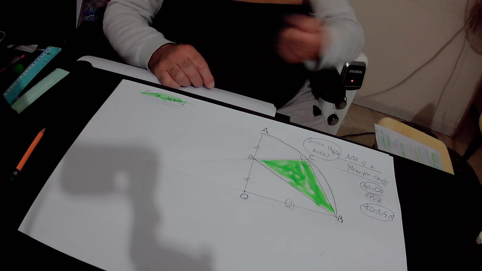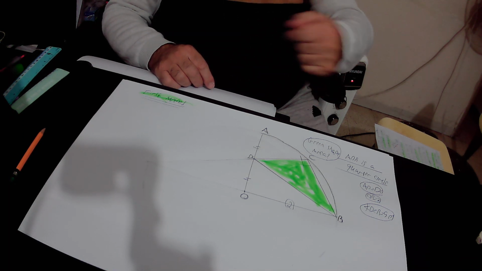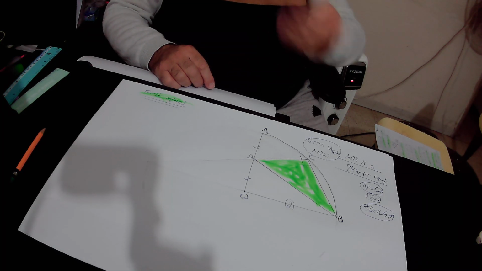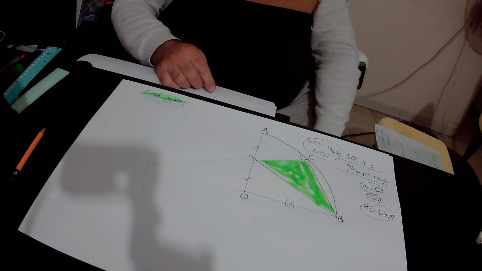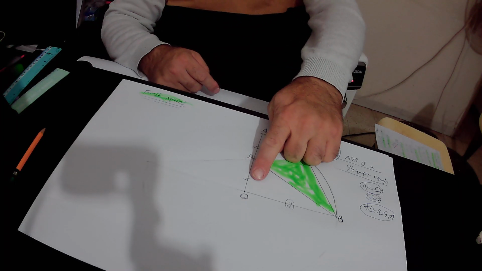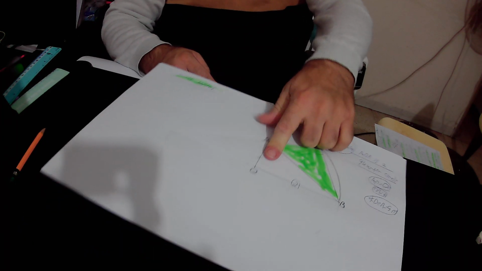The area of the green shape is actually the right green triangle DCB. So our task is to find the area of this green right triangle DCB. So first of all, AOB is a quarter circle, and therefore angle AOB is a right angle.